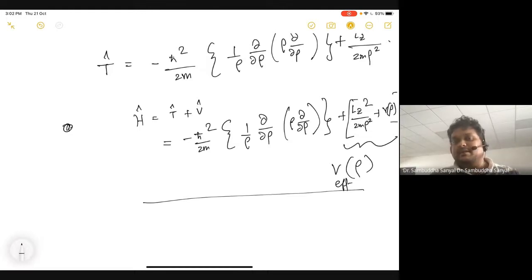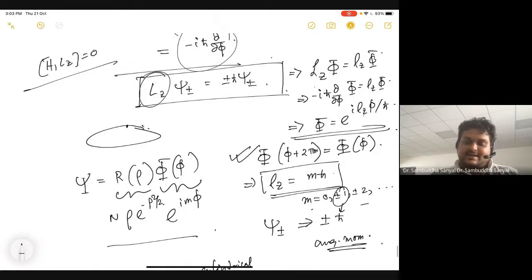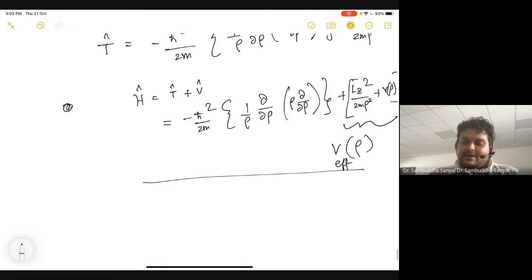There is only one variable rho, because you have packed all other complexity inside the Lz and declared Lz as a constant, and that you know because you know that the Lz eigenvectors have this structure and it will give you these eigenvalues. So now it effectively becomes a new 1D problem, but the potential is replaced by the original potential plus Lz square by 2m rho square. So this is basically the simple harmonic oscillator in 2D that has become a 1D problem.